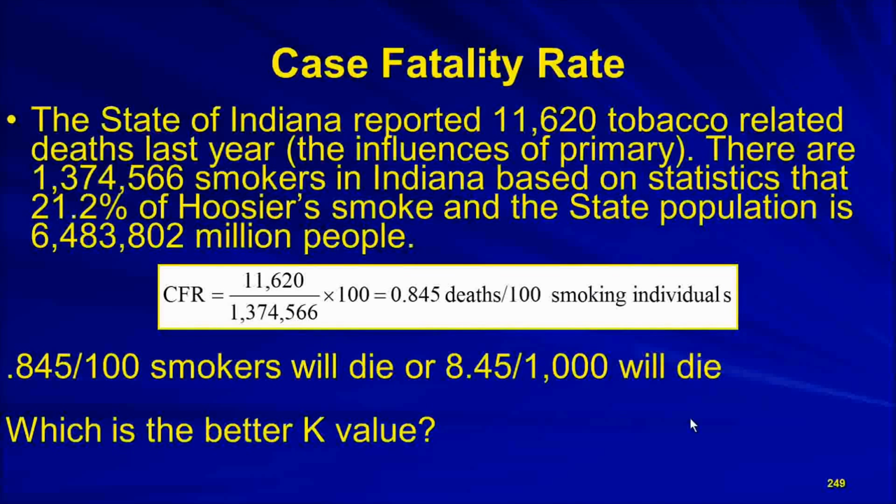But that's one way to interpret the number, and that's not the only way to interpret the number. The actual number, the 11,620 who die, is a phenomenal amount. Now, this is each year. This is annually. This is every year.